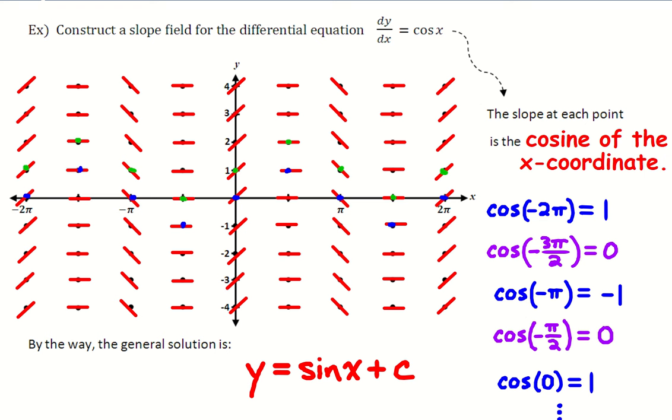But that's slope fields, and again, let's say your dy dx differential equation was equal to, say, x plus y, then you would just literally add the coordinates at every coordinate. Let me go back here.